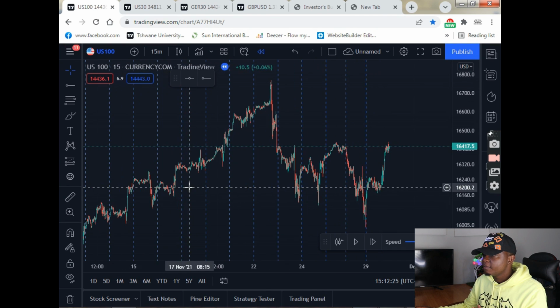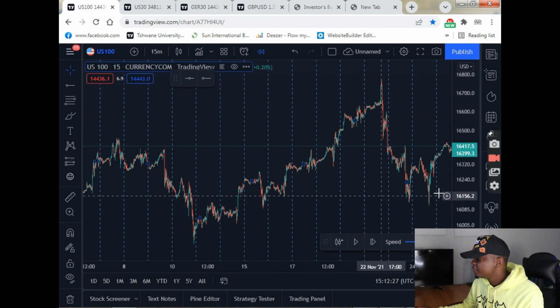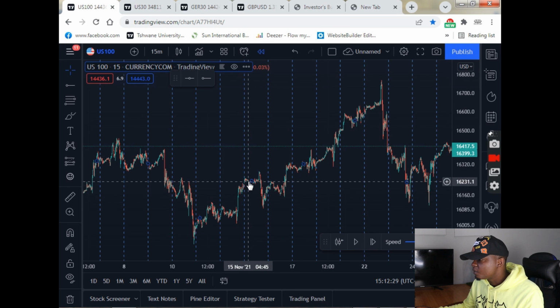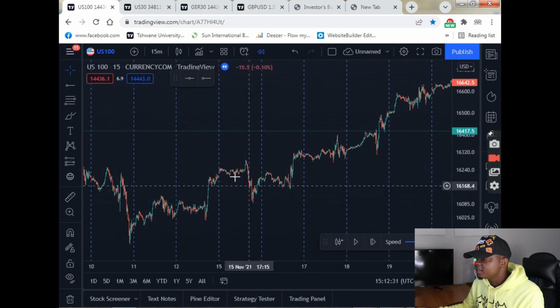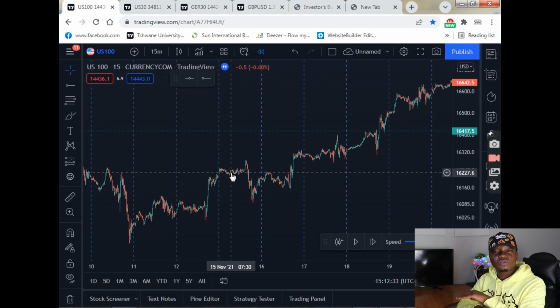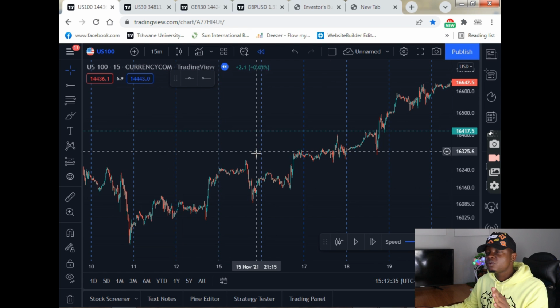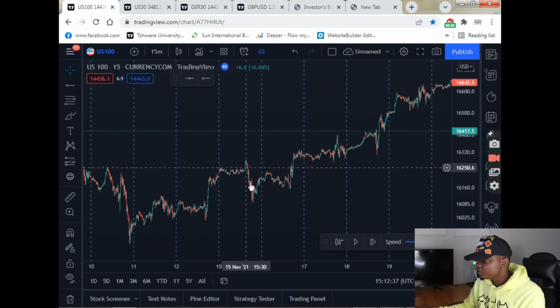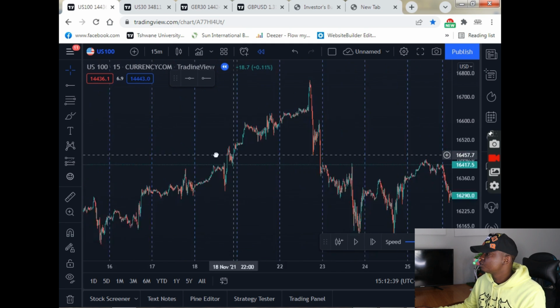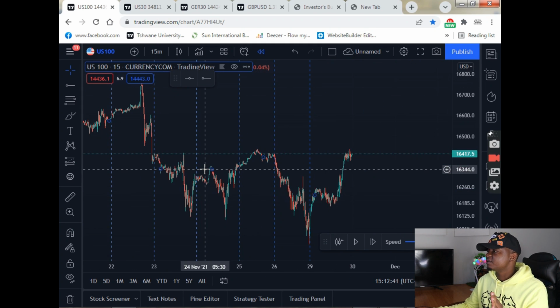It was just going to move in this range right here, where the market was ranging. It was not going to move at all. But just because we have the news, it moves the market like this. News makes the market volatile. Every time you see the market going up, just know that we have a valid reason why it's going up, and a valid reason why it's going down.